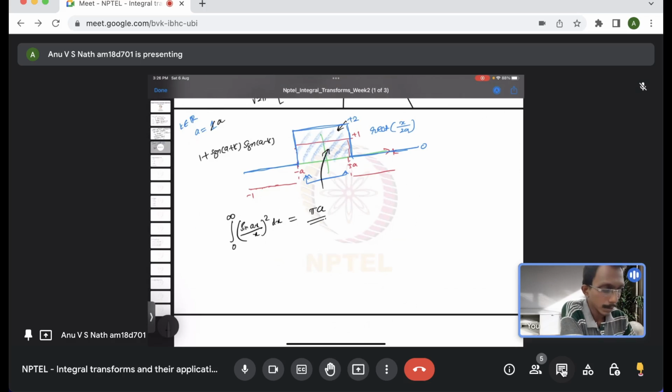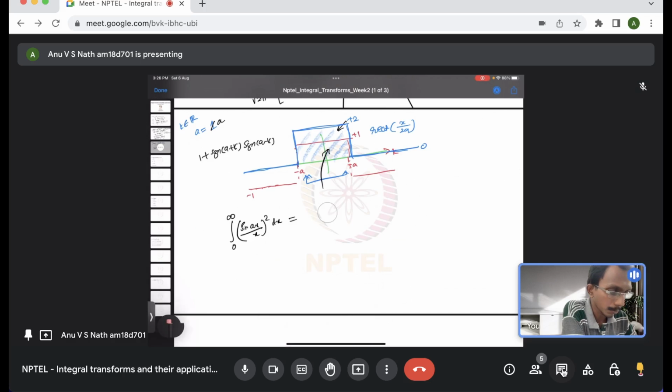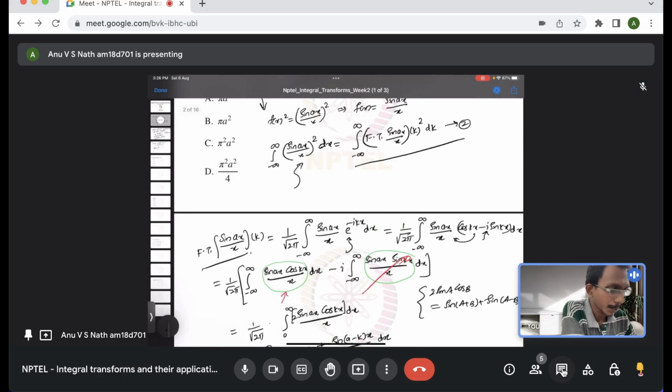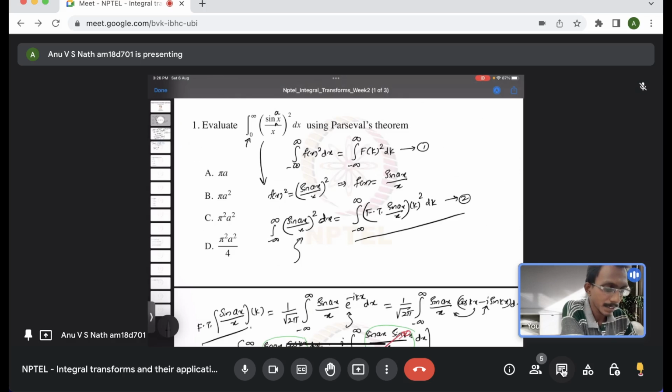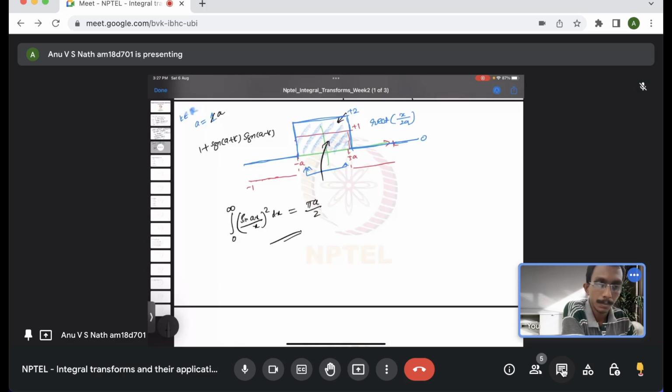Because the function inside is an even function, the integral will be just half of it, pi a by 2. But I don't have pi a by 2 in the options because I didn't realize I made a mistake. I was supposed to give pi a by 2 in option A, which is the answer. It's not pi square a square by 4, so you know why, right? That's how we need to do this integral.